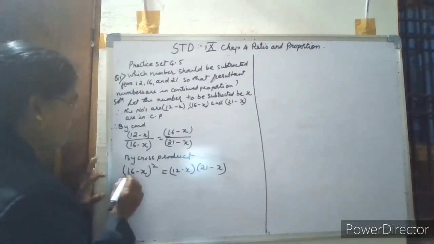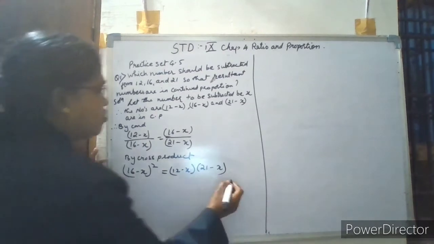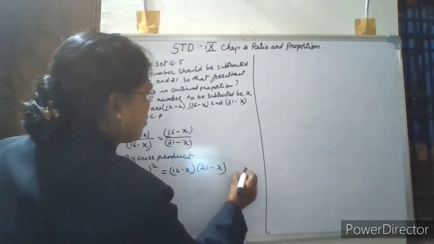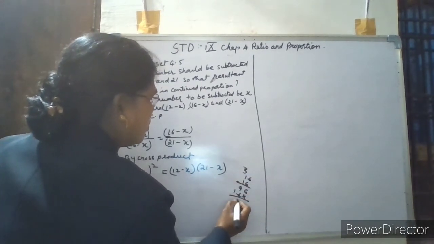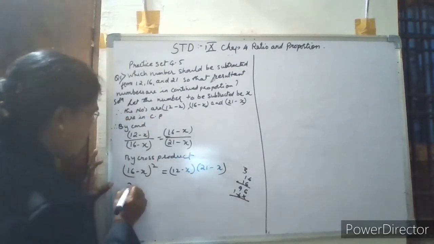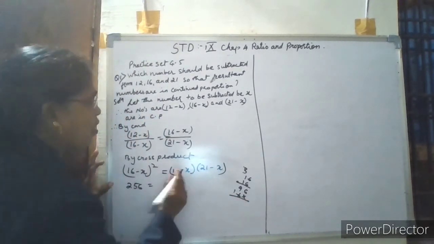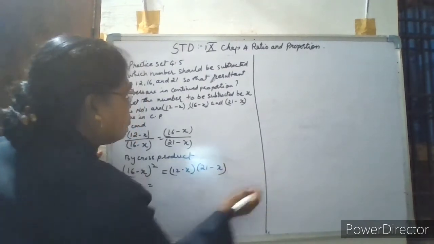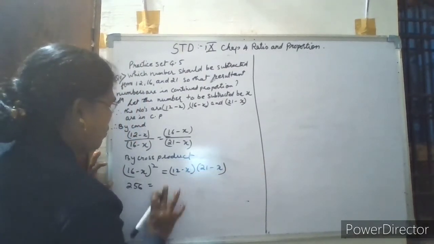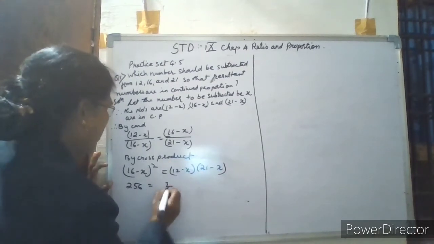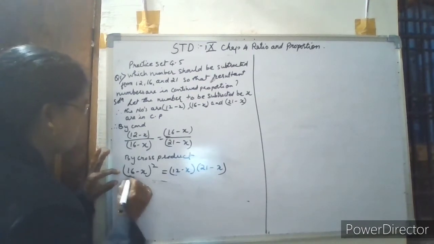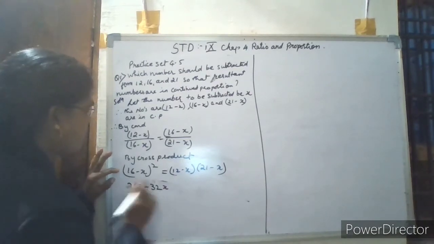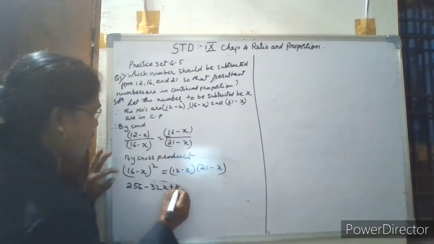So here, a minus b the whole square. So 16 squared is 256, equal to 12 into 21. A squared minus 2ab plus b squared, that is 256 minus 32x plus x squared.